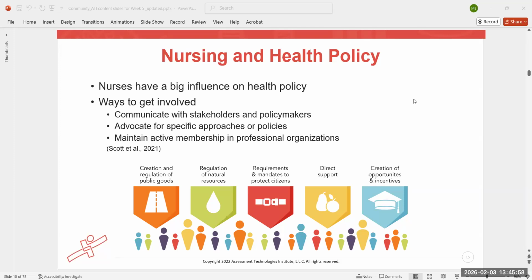They look at the evidence and they participate in the lobbying process. So that would be maintaining active membership in those professional organizations. You can collaborate with other groups of healthcare professionals, and you could also look for ways to serve within a public office and advocate from that avenue as well.